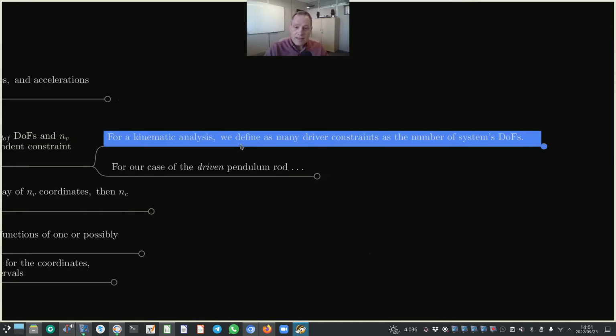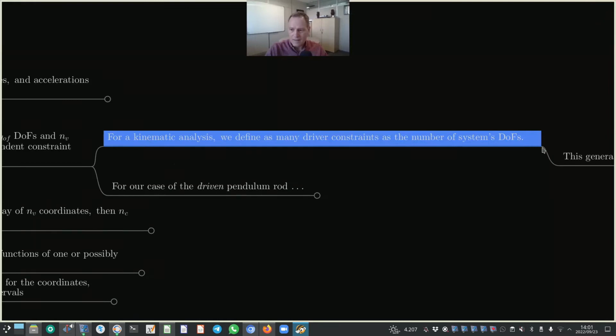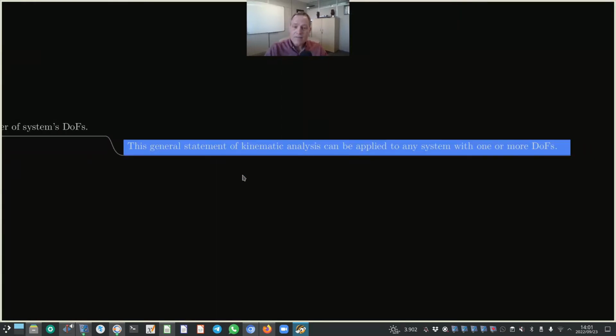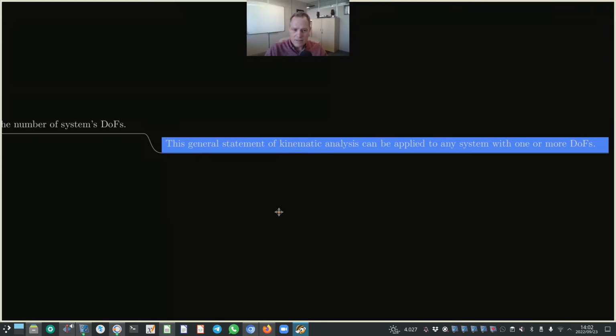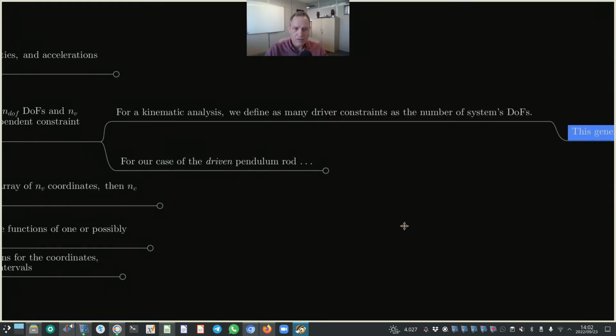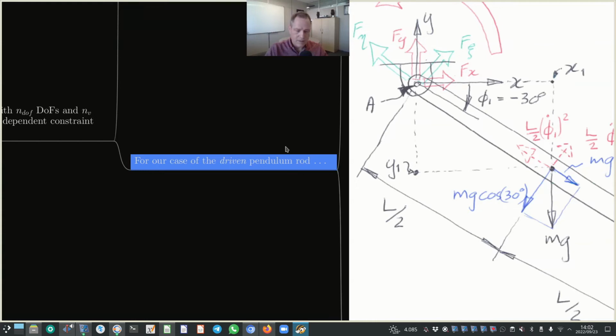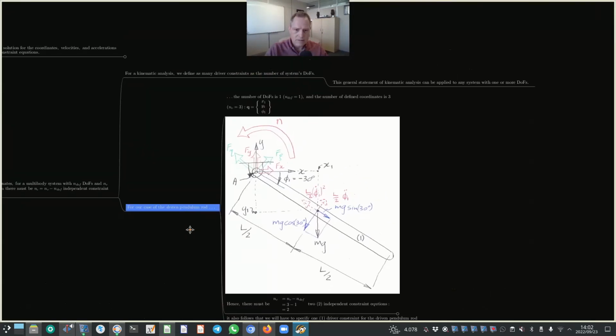For kinematic analysis, we define as many driver constraints as the number of the system's degrees of freedom. This general statement of kinematic analysis can be applied to any system with one or more degrees of freedom. Now, for our case of the driven pendulum rod, let me just zoom out a little bit.